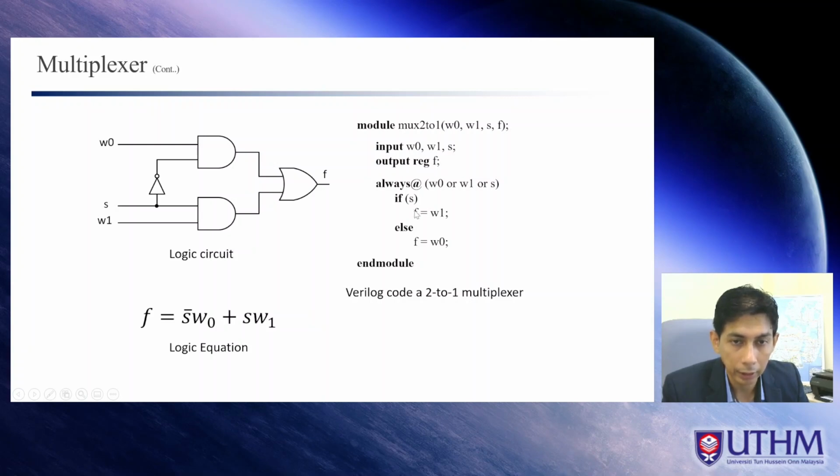Why? Because F is a variable inside the always block. This is why F must be declared as reg as well. Okay, so the description is very straightforward. If S equals 1, the output is equal to W1, else the output F is equal to W0. That's it. So this is a 2-to-1 multiplexer, which is very straightforward.